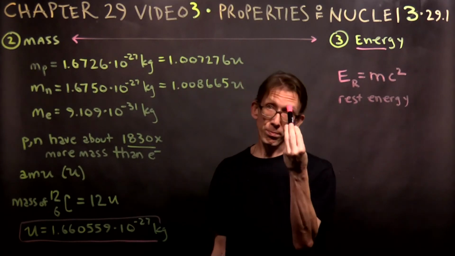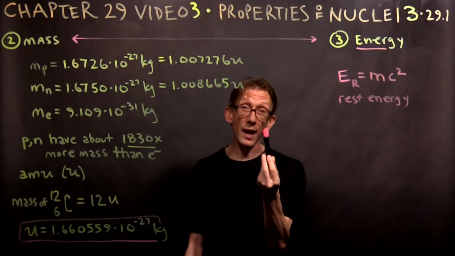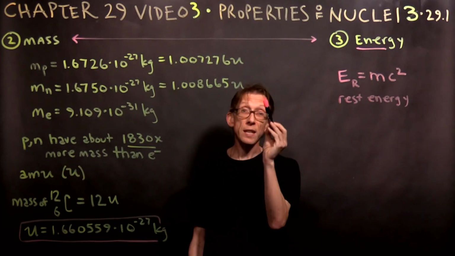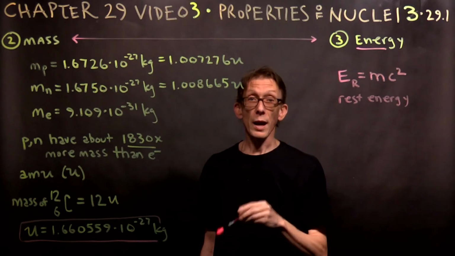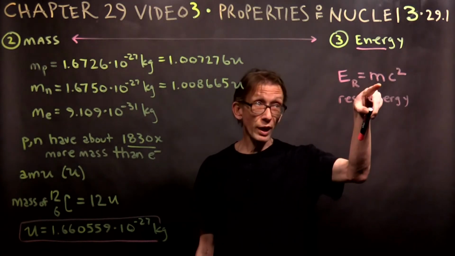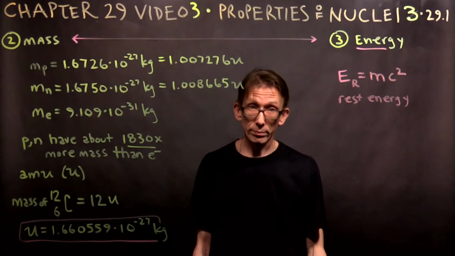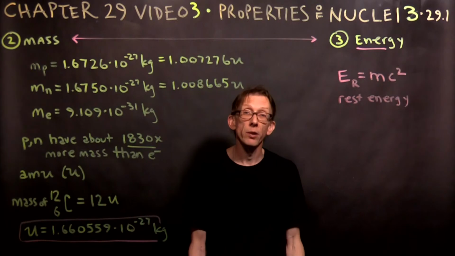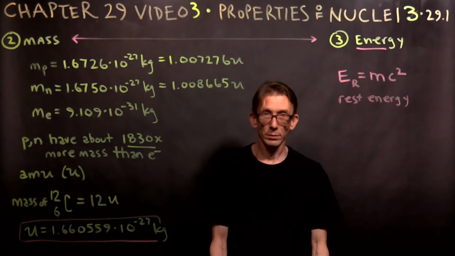This is a 20th century idea, Einstein's understanding about mass and energy. You find the amount of energy by taking the value of its mass, multiplying by the speed of light squared, and getting your answer in joules. All objects have rest energy, and that's a lot of energy.